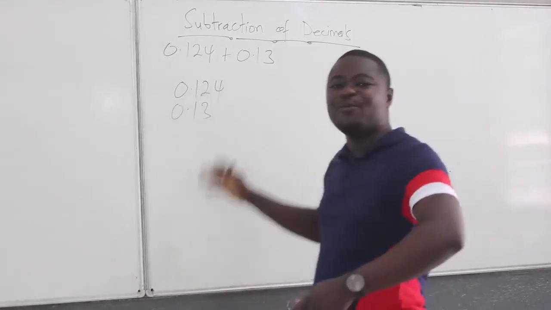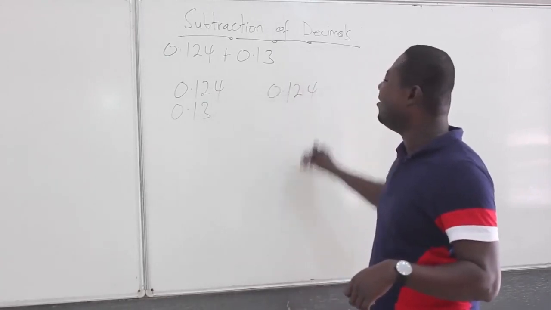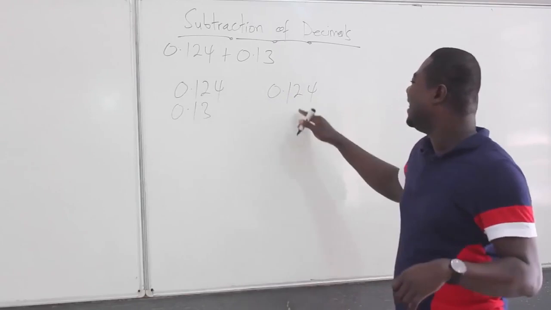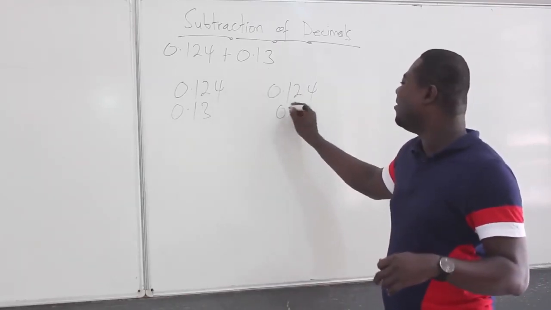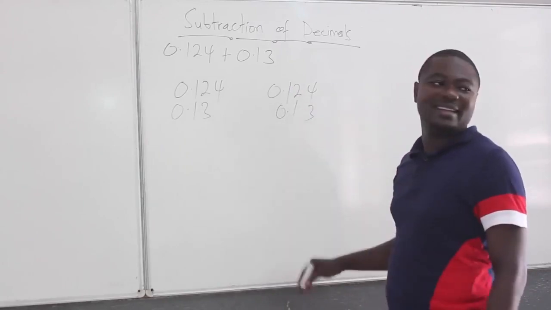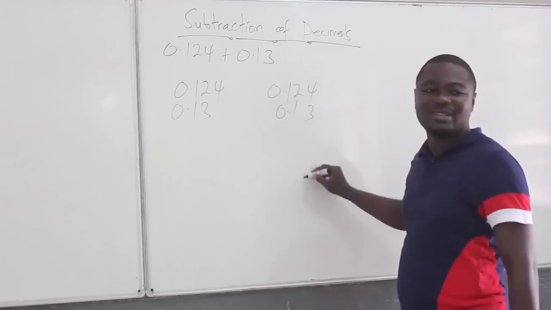But if you just mix them up, you have 0.124. And you think because this is a 3-digit and this is a 2-digit, you are going to start from here, 0.13. This will give you a wrong answer because the points are not in line.